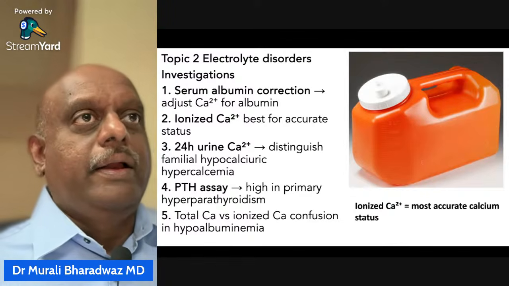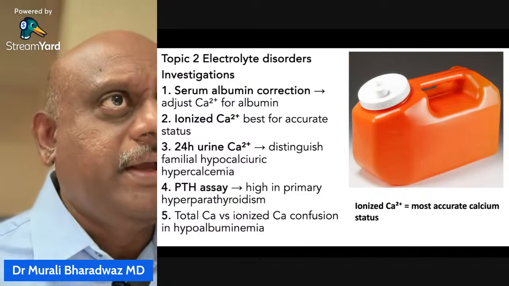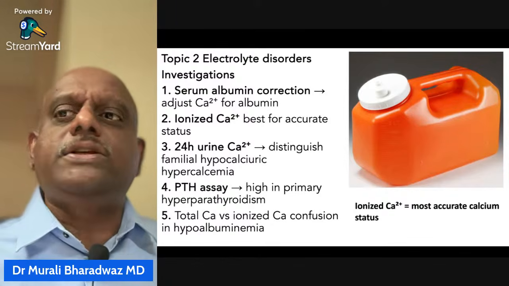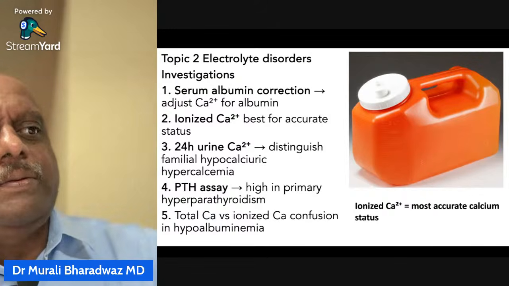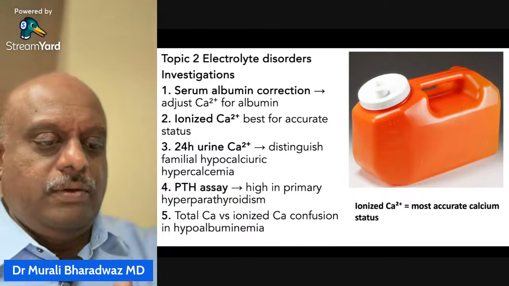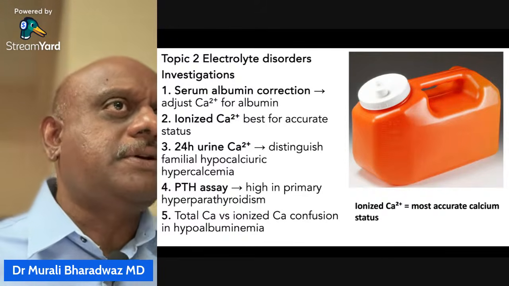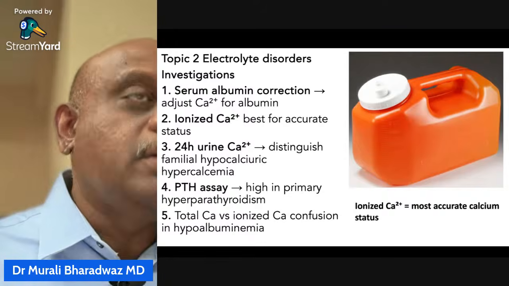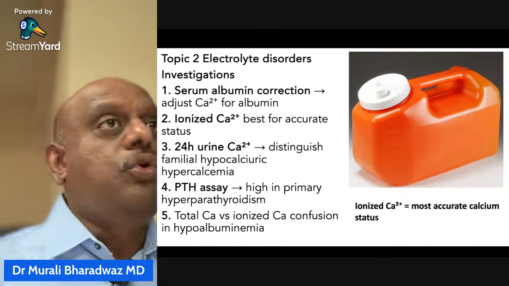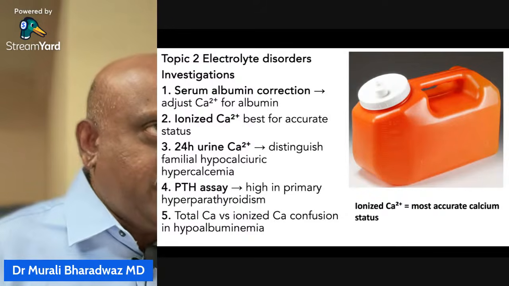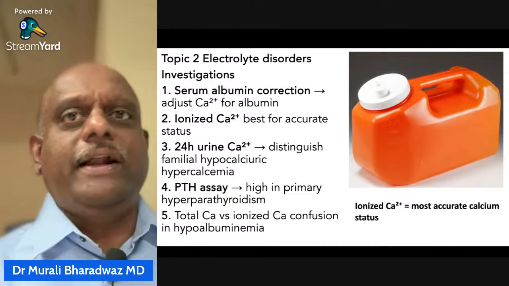But what is the only entity where there is a hypercalcemia with a low urinary calcium? Familial hypocalciuric hypercalcemia. Basically, there is a problem in the channel in the kidney. It stops losing calcium into urine, and it leads to more calcium retention in plasma, leading to the hypocalciuric hypercalcemia, is what we need to remember.